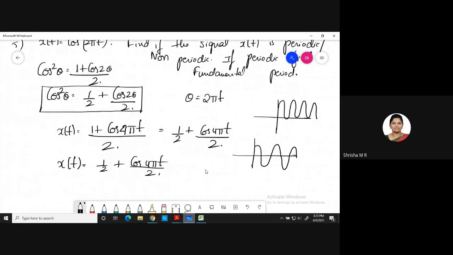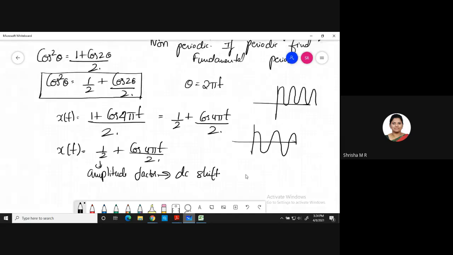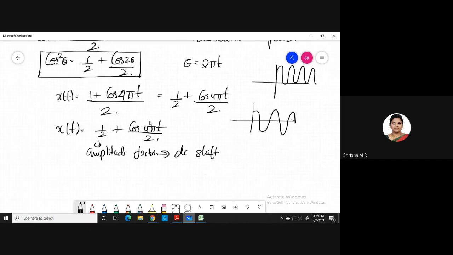This half is nothing but a DC shift, and it has nothing to do with the fundamental period. You have a cos wave, and with a DC shift of half, the signal will be shifted upwards. So it has nothing to do with the fundamental frequency or period. You can go ahead and find the fundamental period for this one.